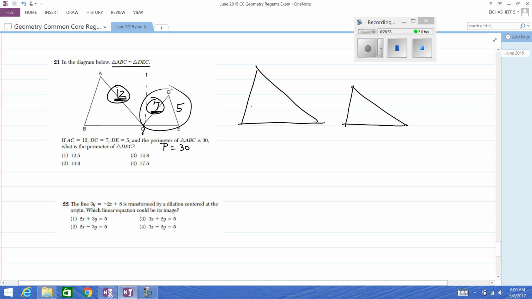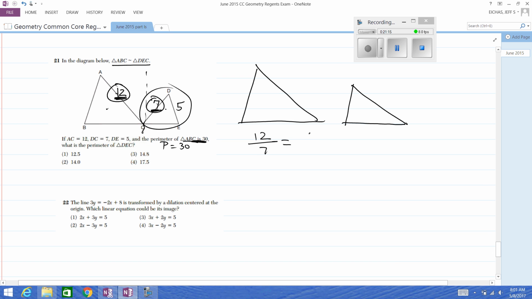All right, so I can take this ratio 12 to 7, and it should be proportional even to the perimeters. Okay, sides and perimeters will have the same ratio. So if 12 to 7 is the ratio of a pair of corresponding sides, let's take a look now at the ratio of the perimeters. The perimeter is 30, and we want the other one, call it P, and we'll be able to solve.